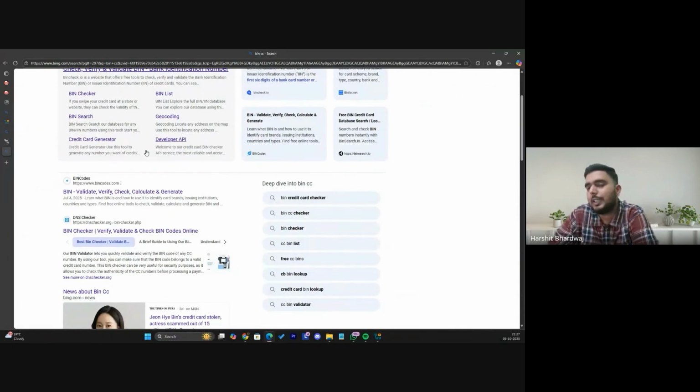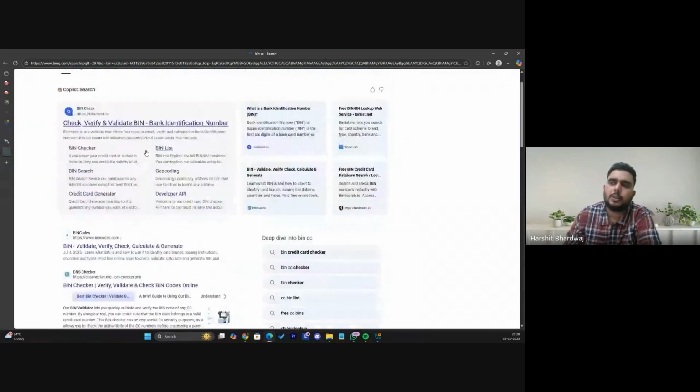Some credit cards can be validated and used. Mostly people use this trick to get free trials from all these OTT platforms. So this is how this thing can be used.